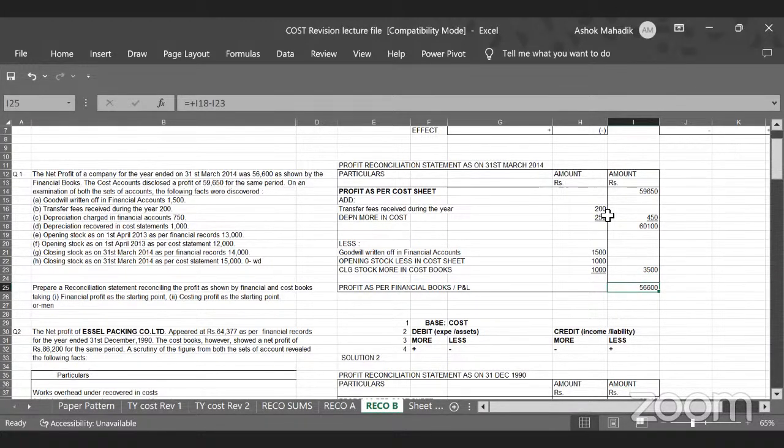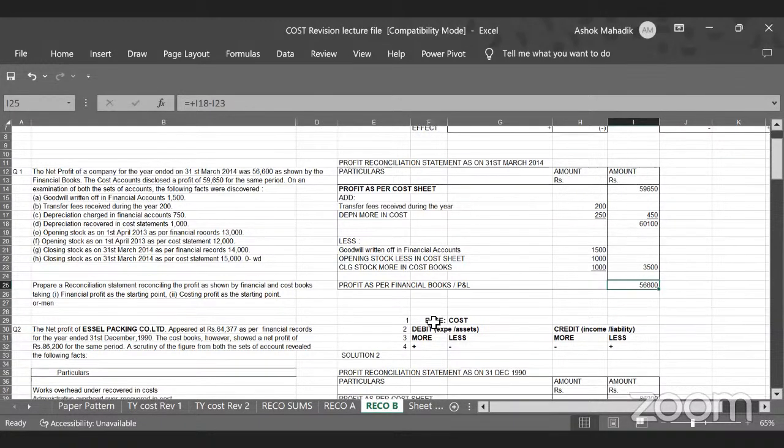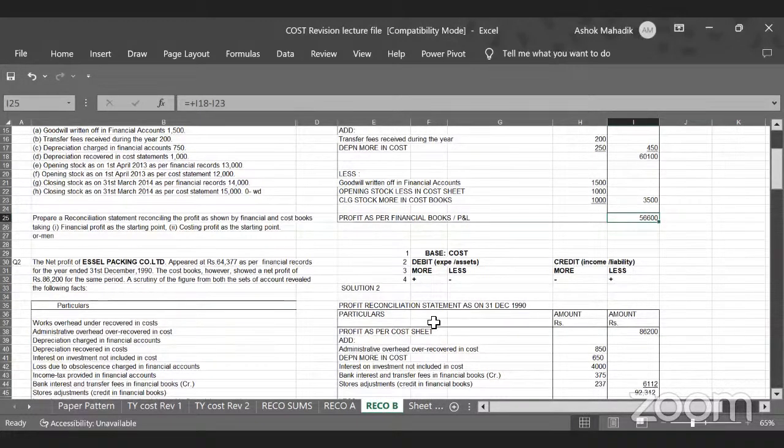Okay, how much is it? 56,600. So you can see it's matching with your profit figure as per the question. Okay, students, I hope you understood this one. It's very simple. 3 steps you have to follow. You will understand how to add or subtract the given item.